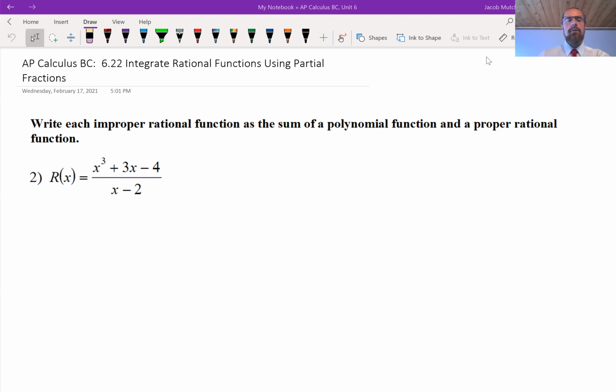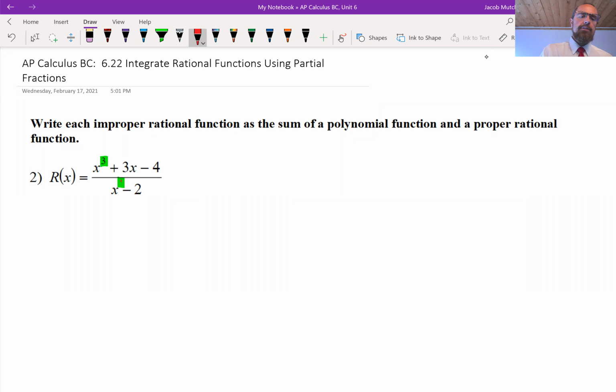We're given a function r of x that's a rational function, x cubed plus 3x minus 4 divided by x minus 2. Our task is to write that improper rational function as the sum of a polynomial function and a proper rational function. What we've got to note that's making this an improper fraction is that the high power in my numerator, which is a cube, exceeds the high power in the denominator, which is a power of 1.